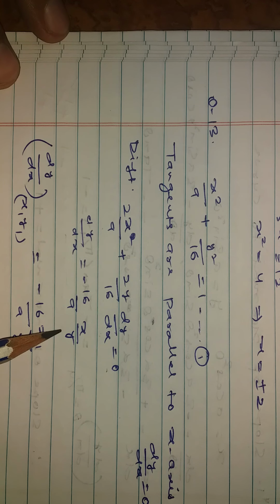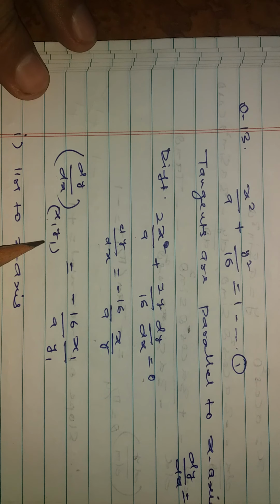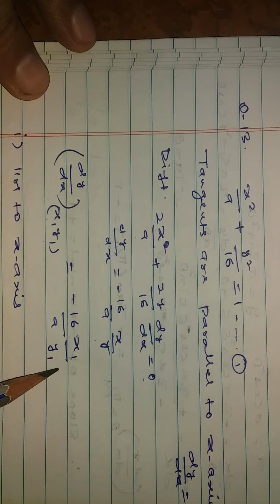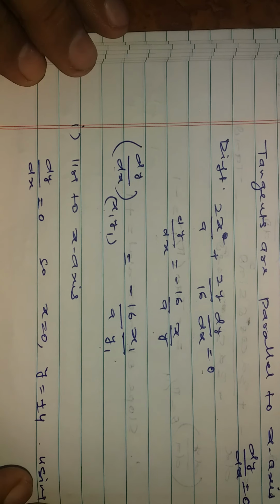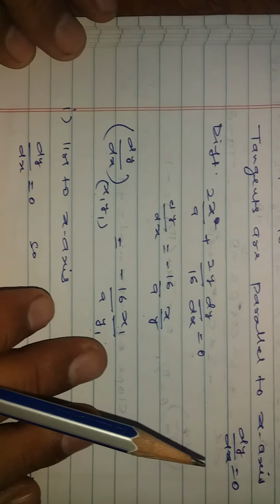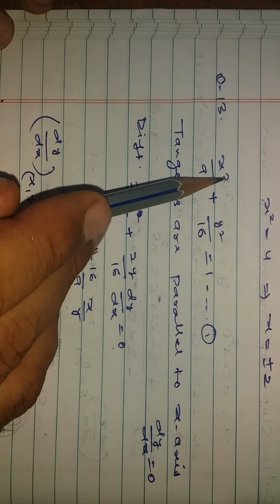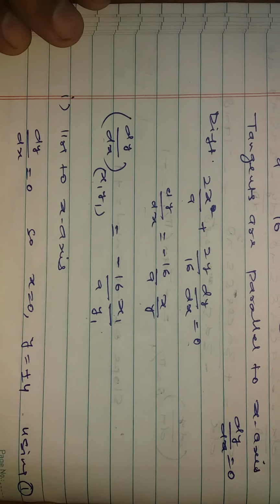So calculate dy by dx at the point, suppose x1, y1, by putting x1 and y1. Now in the first case it is parallel to the x-axis, so the derivative, the slope, will be 0. dy by dx is 0, so x is 0. Now in equation 1, x is 0, so y will be plus minus 4.